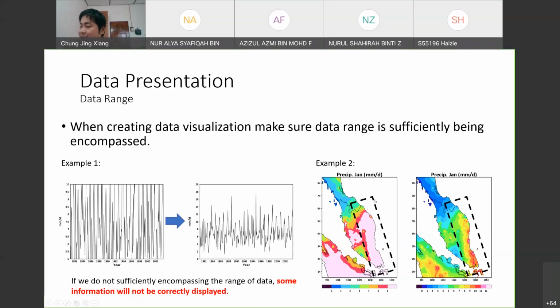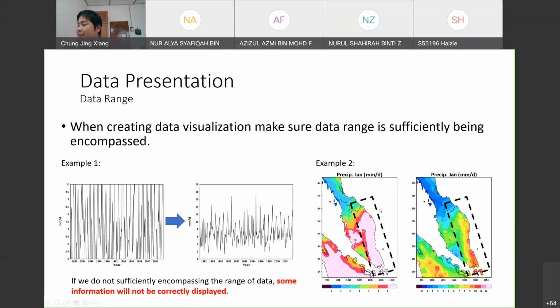The second example is the contour map. Example number 2 also shows the same information, precipitation rainfall for January. You can see the figures on the left and on the right. The difference between left and right is actually the data range we use to plot our data. You can see 0 to 6 and 0 to 12.